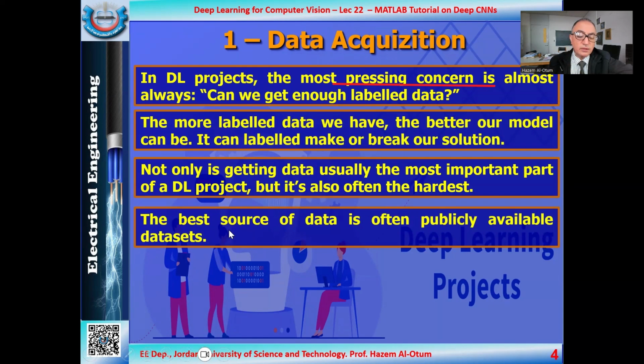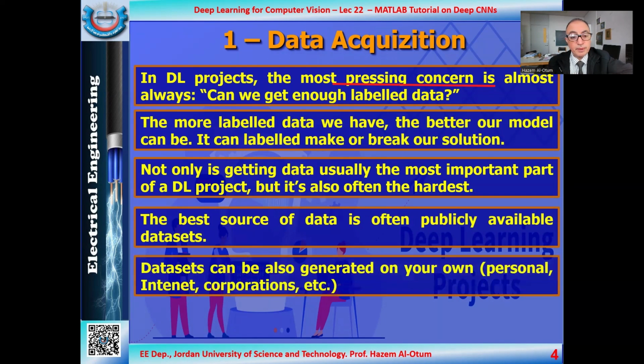Now, as I said, we can find this publicly, even though you have to have a look at this public dataset and try to apply pre-processing for that. This will be explained on the next slide. Also, you can collect your own dataset from a personal database, from the internet, from some corporations, or maybe you can buy some samples from companies, etc. All these things you can do.